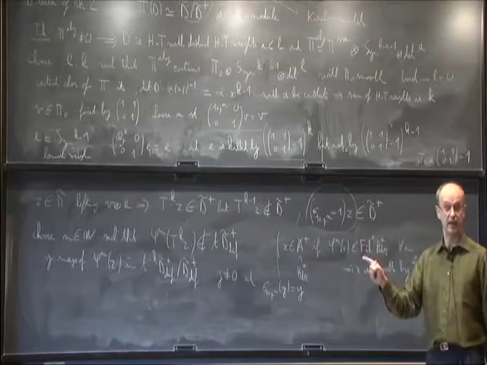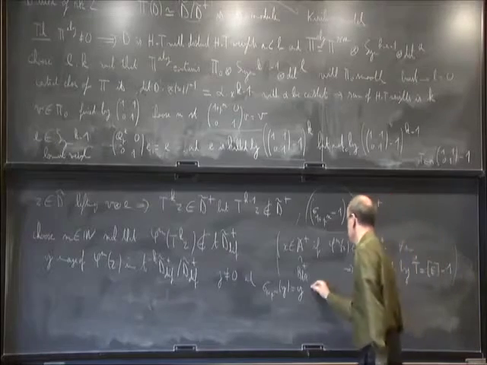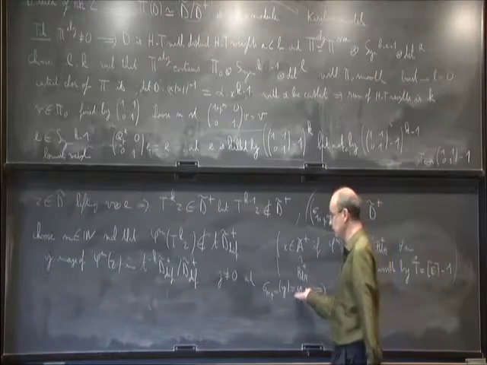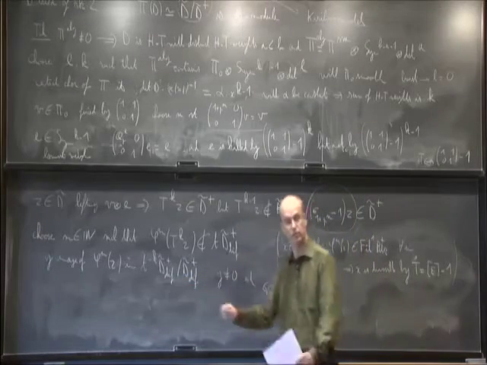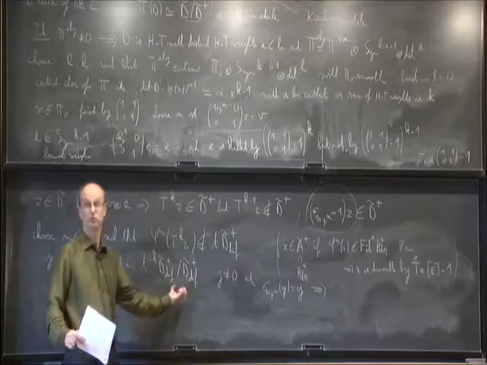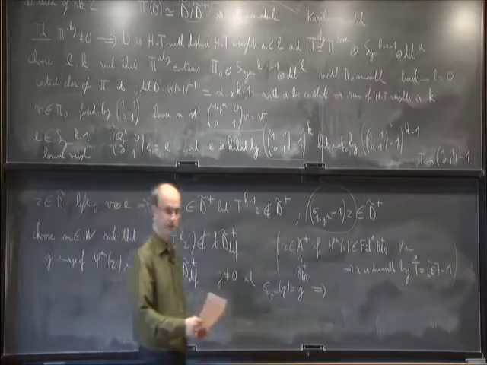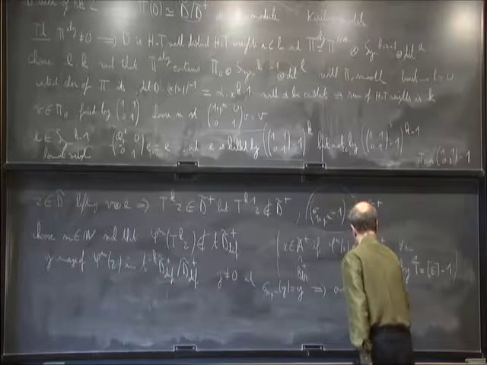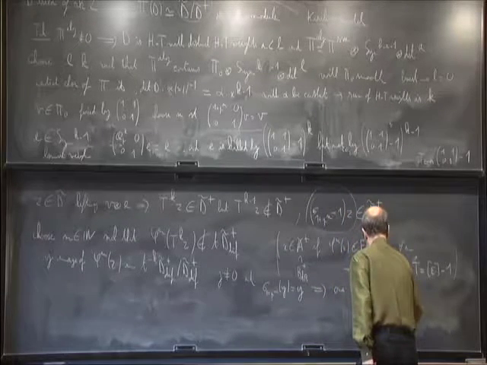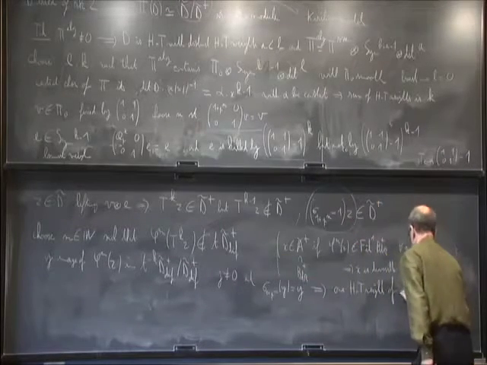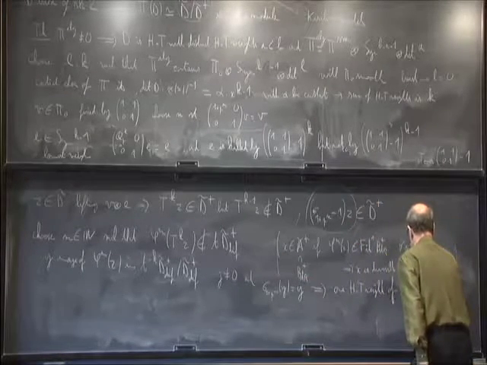And what does this imply? It means that you get one fixed element in this module, and so one of the Hodge-Tate weights of this module is going to be 0. But this module is going to be the same thing as t to the minus k D, which is 0.